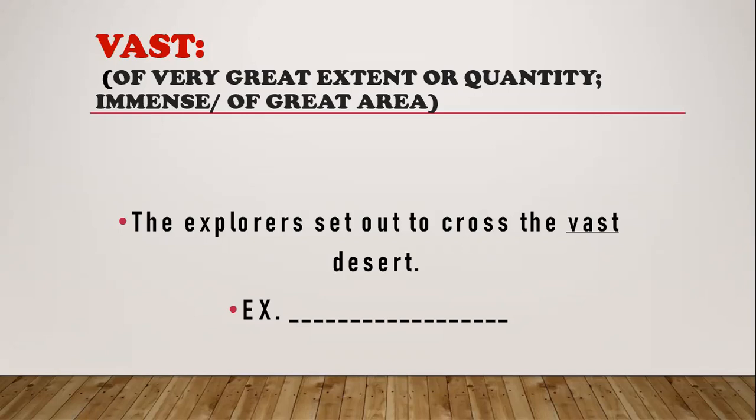So right now, who can help me create a new sentence using this word, vast? Who can give me a hand with this one? Let's see if you are ready to use it. Okay, Abby says, we went through the vast forest to get to the village. Yes, another way to use this word. Excellent, well done, Abby.